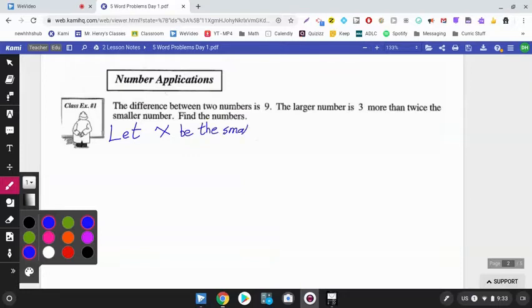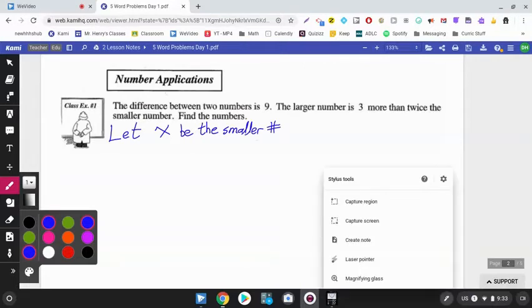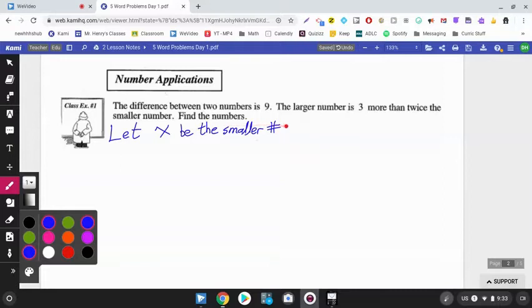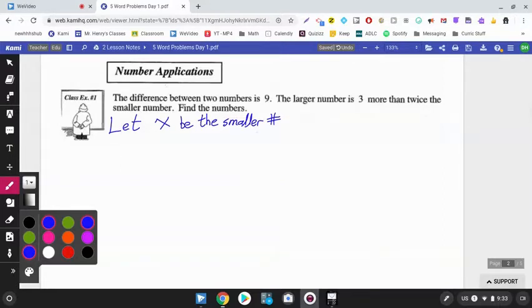And the way a let statement works, and you can just do the number sign if you want, is here's my first let statement. And then my next one, I just go below. I don't need to write let again, but I say let y be the larger number. If one of them is the smaller, the other one has to be the larger. So now instead of saying smaller and larger, I say x and y.